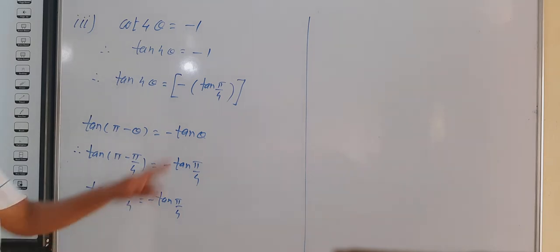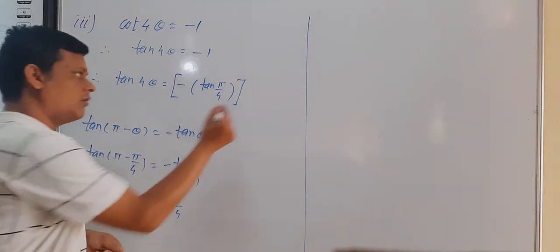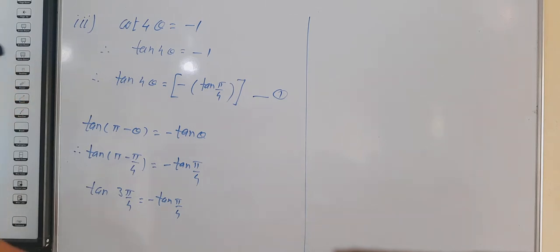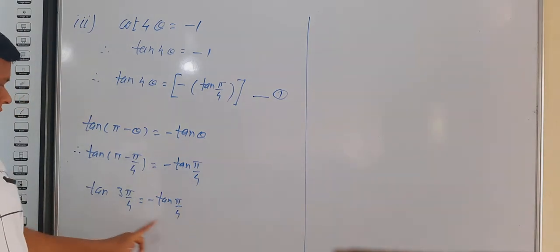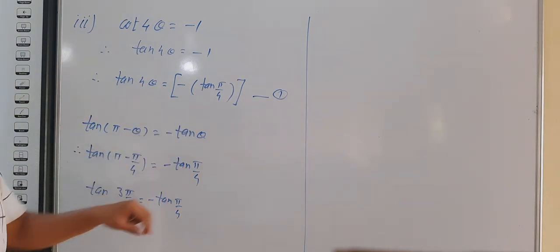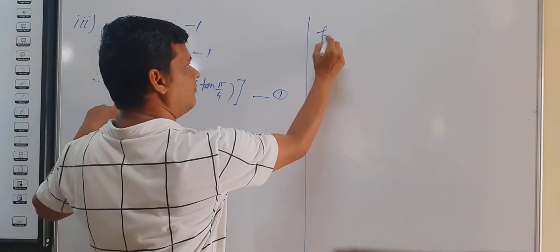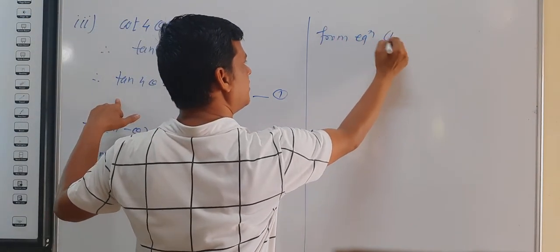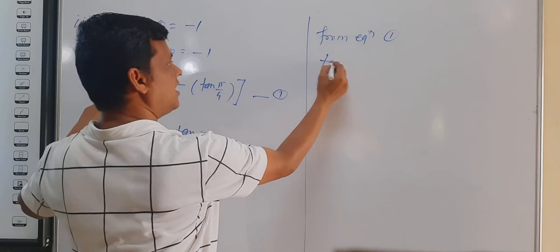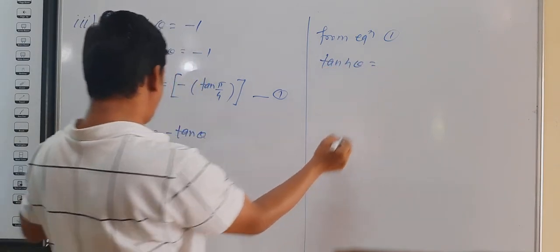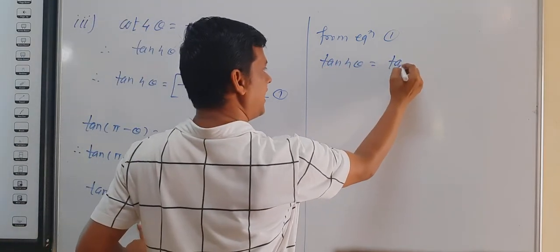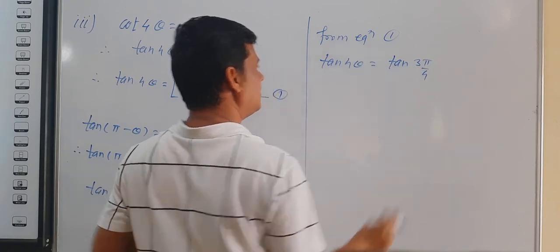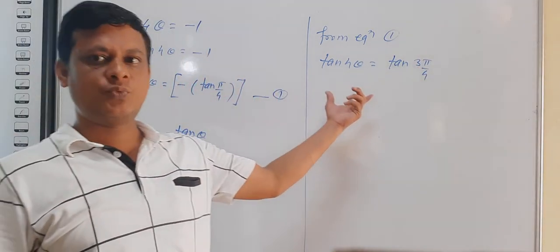We denote this as equation 1. Put minus tan pi by 4 as tan 3 pi by 4 in equation 1. So we write from equation 1 here tan 4 theta is equal to tan 3 pi by 4. Now both the term signs are positive.